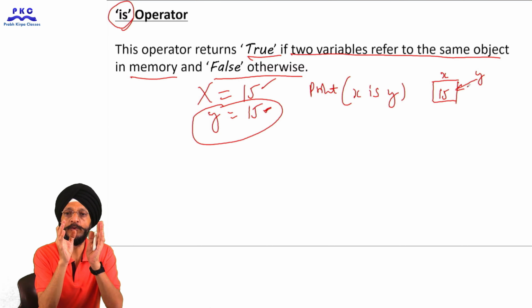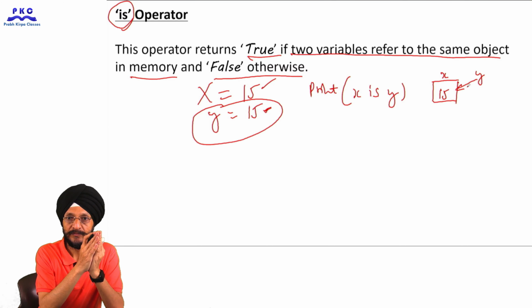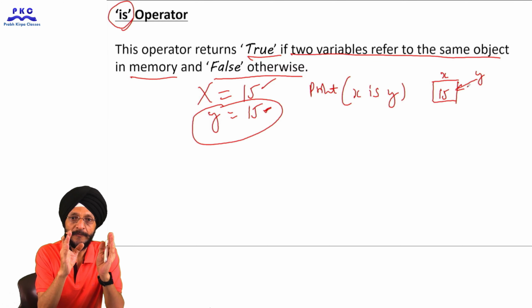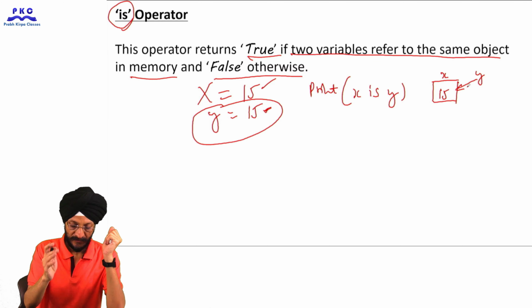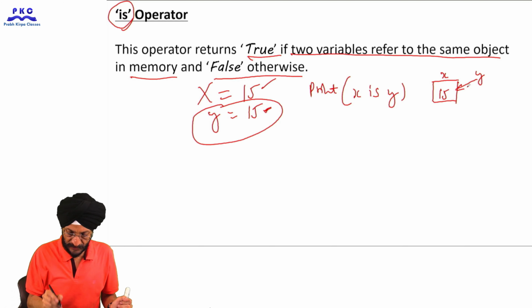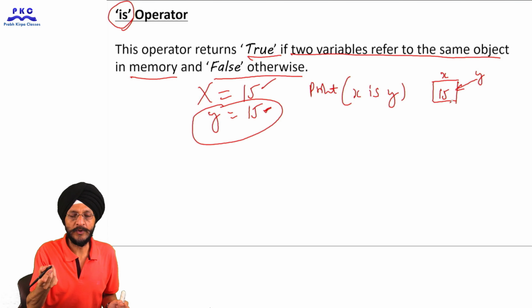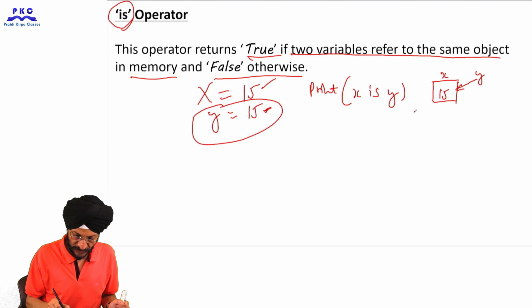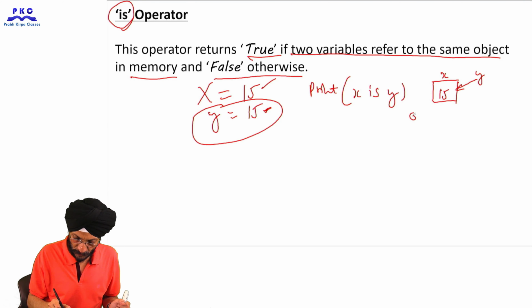That is, the memory location of the object in case of x and y will be the same. The memory location or memory address may also be called object ID. It may be something like this.